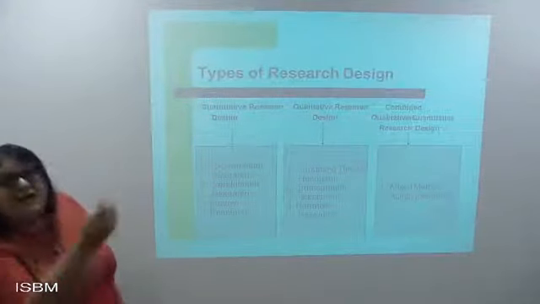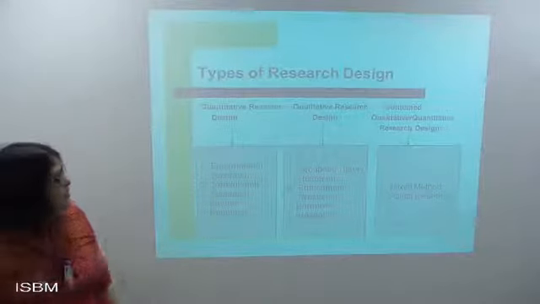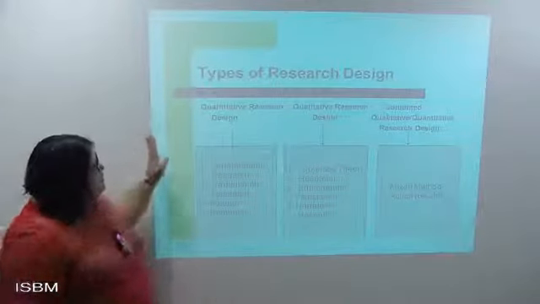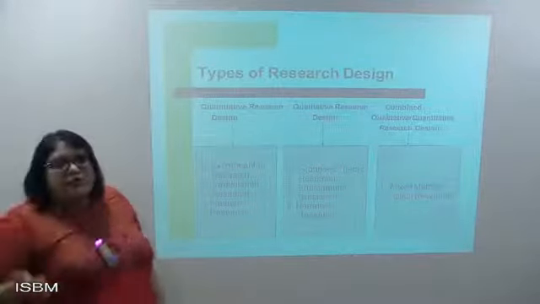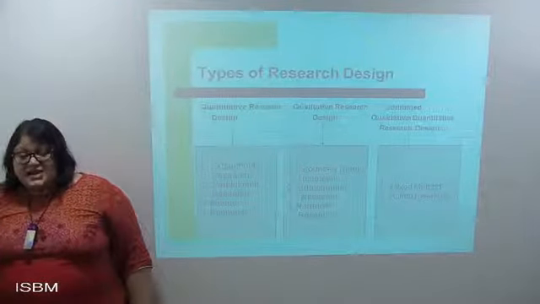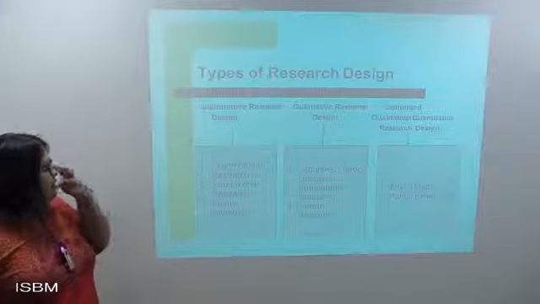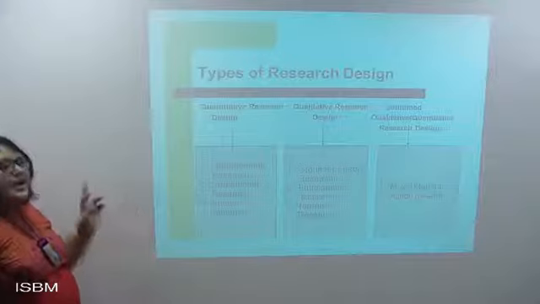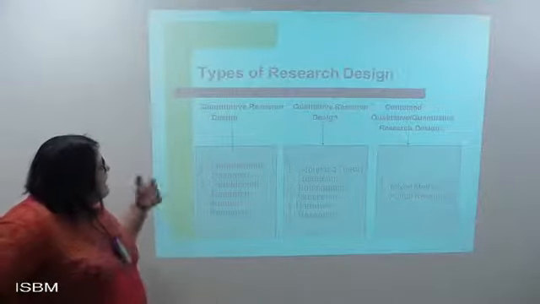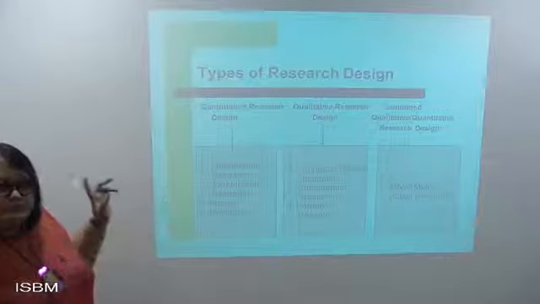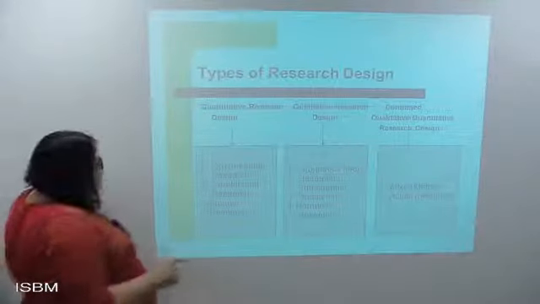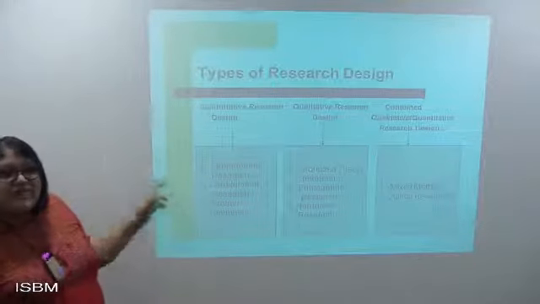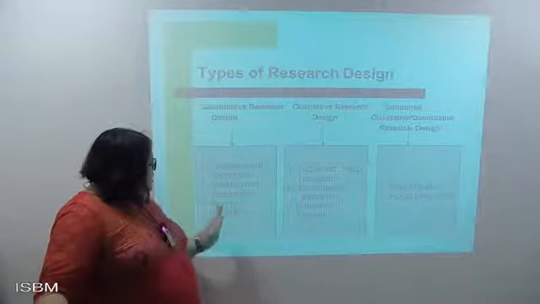Then you have the mixed method research. Now, mixed method research is a combination of both qualitative and quantitative. So you first begin with your descriptive studies, and from there onwards you carry on with your exploratory studies. You start analyzing it. Then, apart from your experimental and correlational studies, you try to collect data from survey research.